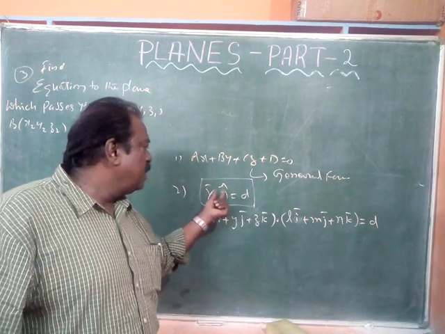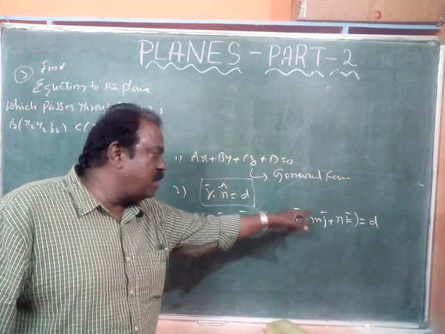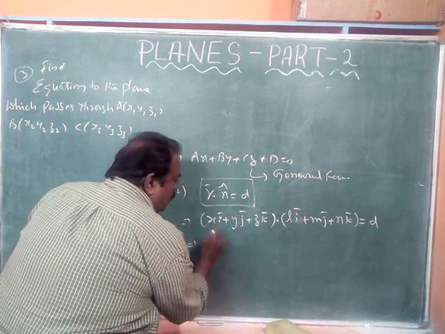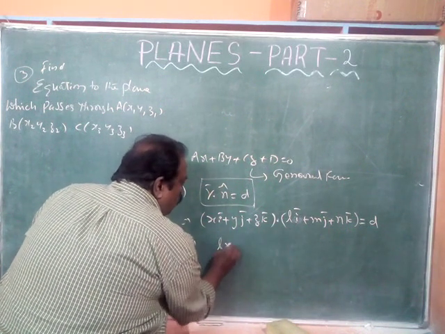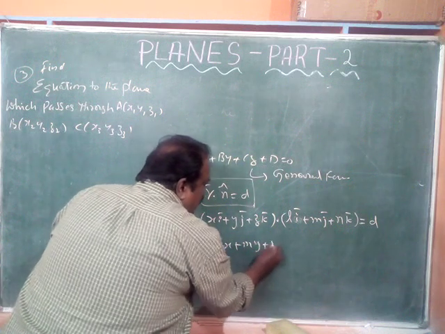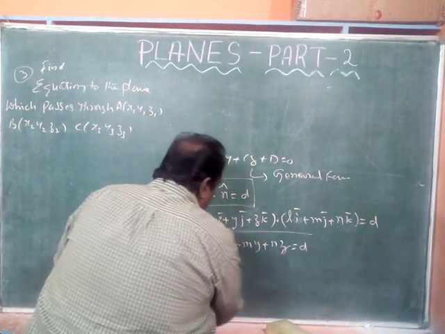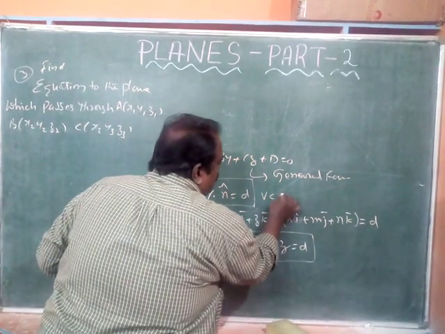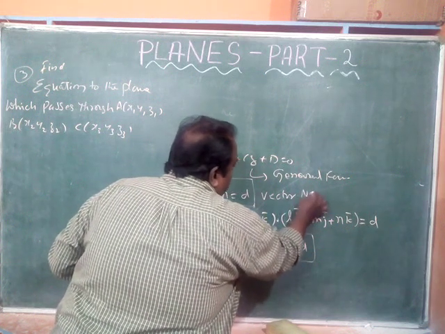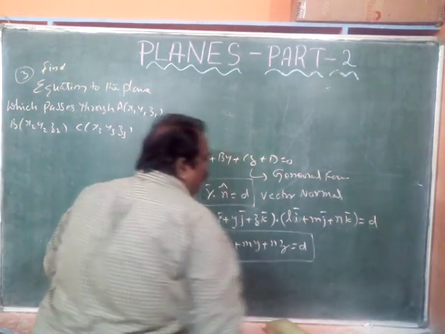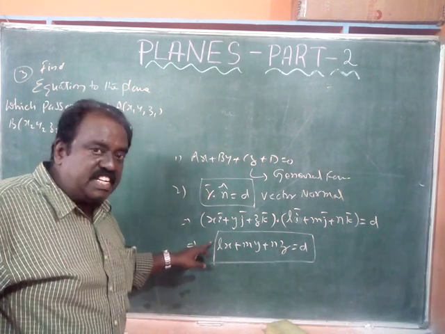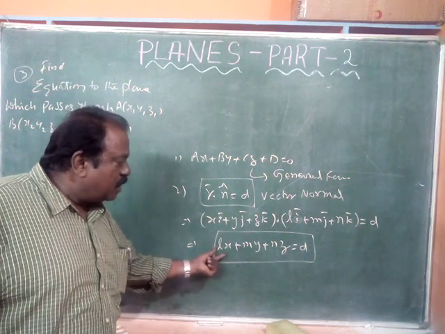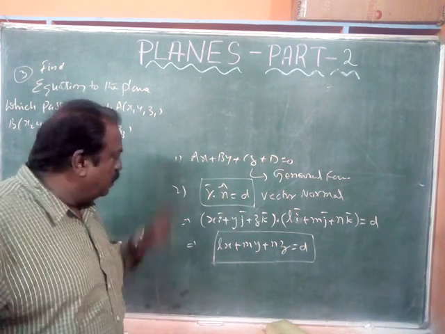N cap is a unit vector, and l, m, n are its components. D is simply d. Then taking the dot product, we get lx plus my plus nz is equal to d. This is the vector normal form. Actually, it is a vector normal form, and this is the Cartesian normal form. Both are the same. Don't confuse, in vector or Cartesian form. Don't forget.